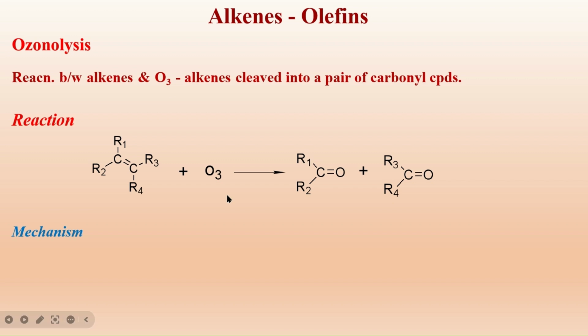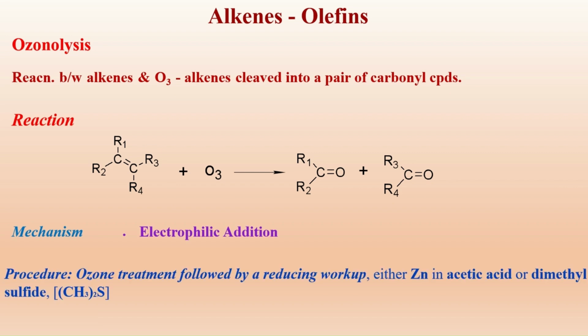How does ozone act as an electrophile and undergo electrophilic addition reaction? Let us look into it, and how this electrophilic addition reaction gives rise to the intermediate product which can be worked up by using a reducing agent like zinc and acetic acid or dimethyl sulfide to give carbonyl compounds.